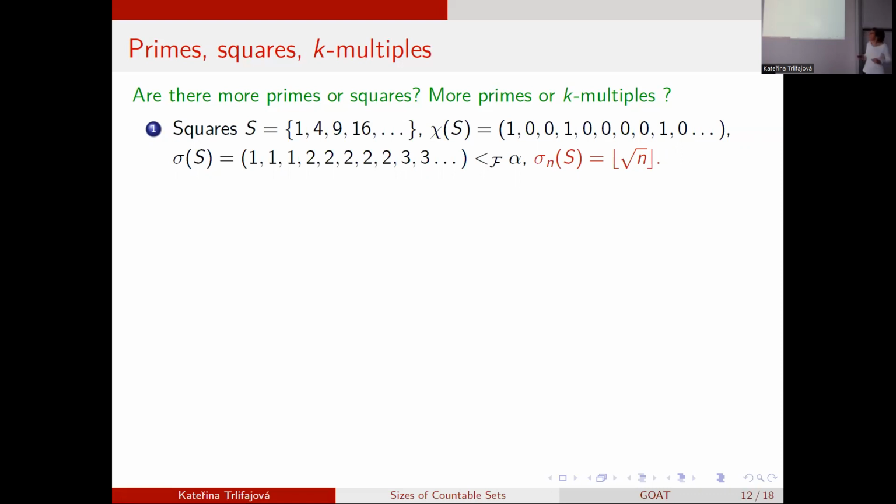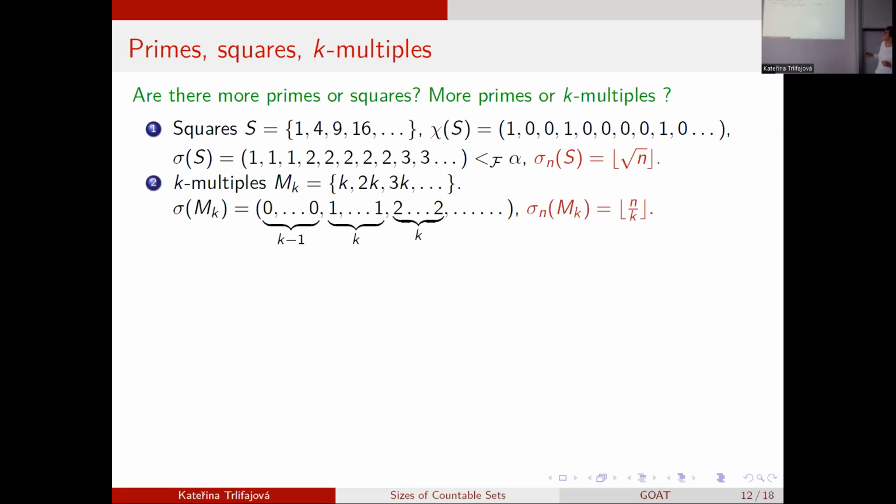Because if we take k multiples, these are numbers like this, then always the first k minus 1 terms are 0, and then the k-th term is 1, etc. And again, the nth term of the size sequence is the integer part of n divided by k.